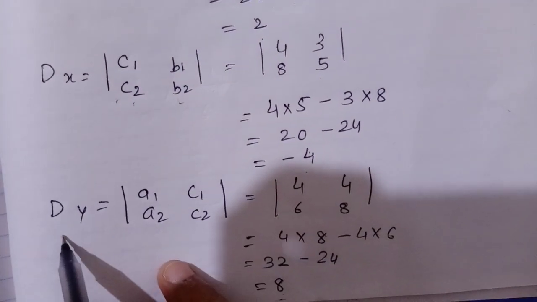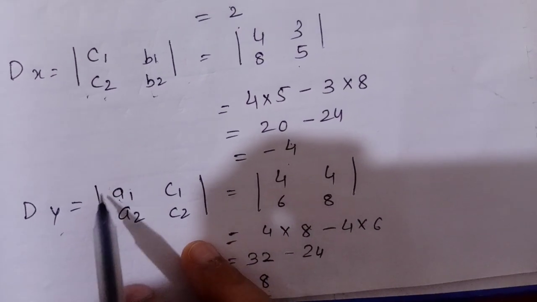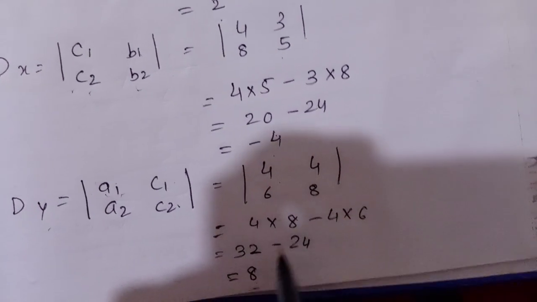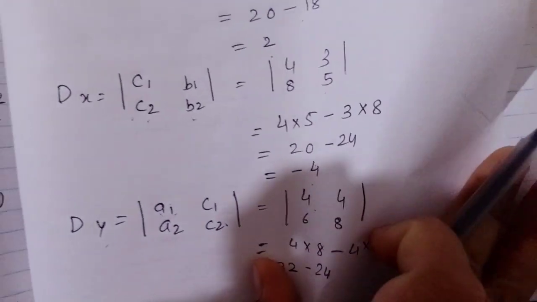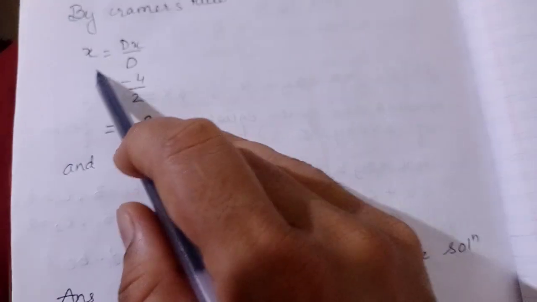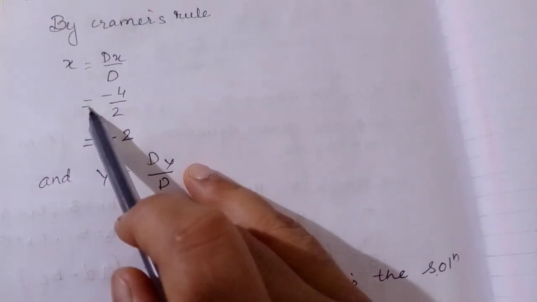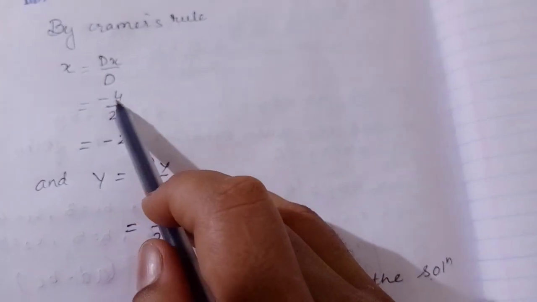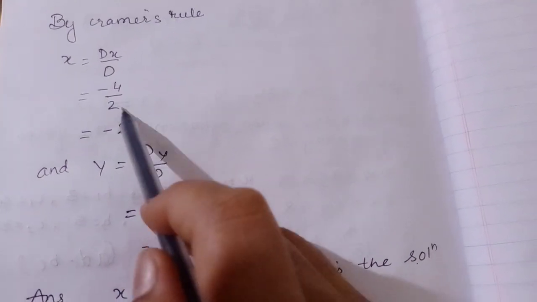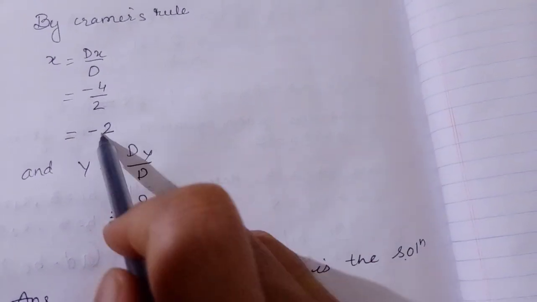Next we will solve Dy. After putting the values in the formula, determinant a1 a2 c1 c2, we get Dy equal to 8. After applying Cramer's rule, the value of x is given by the formula x is equal to Dx upon D. We got Dx as minus 4 and D as 2, so after putting the values and cancelling, 2 2s are 4, that is minus 2.